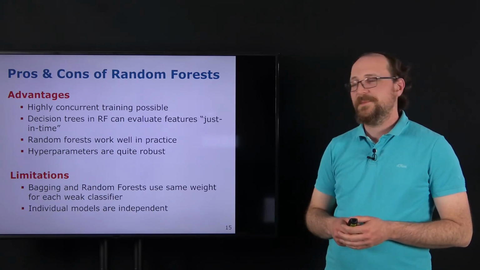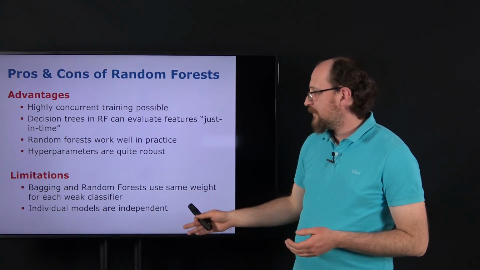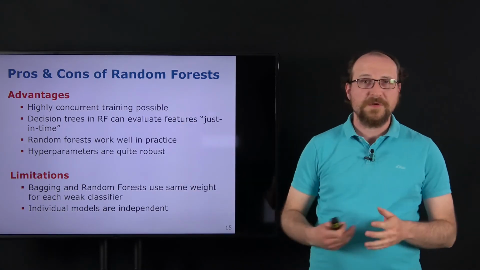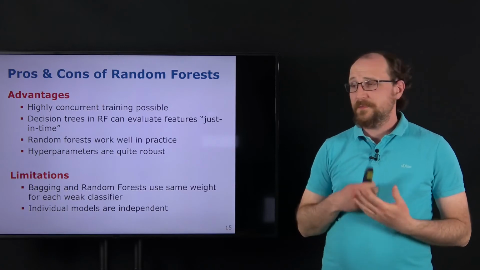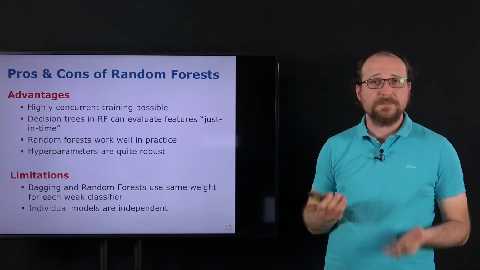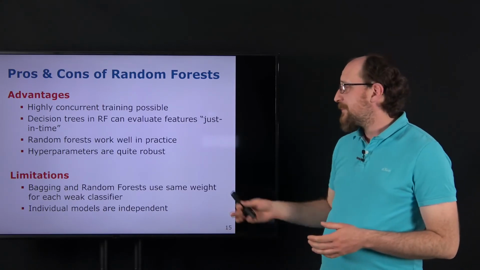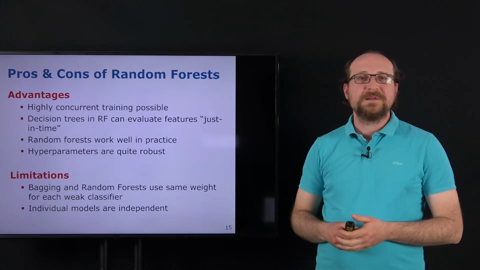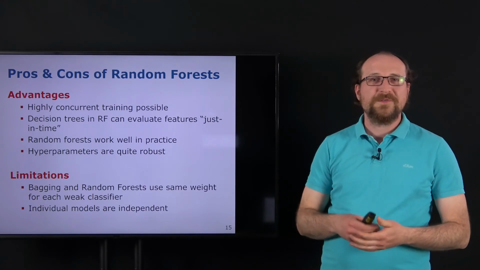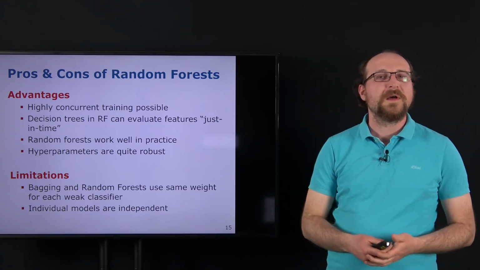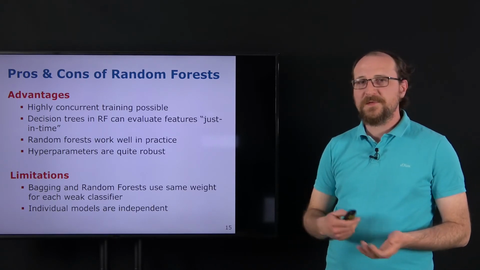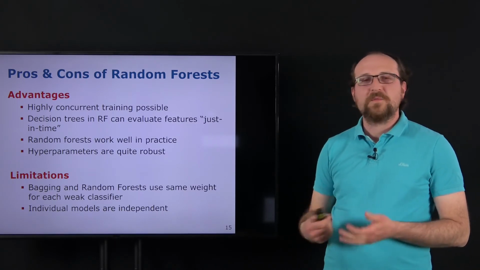The individual models are very independent, which is an advantage. You can train them concurrently, so you can use as many cores as you want because you don't depend on the other models. But it might also be a limitation because you cannot use the wrong or correct predictions from before to correct them in the end. And this is something that we might want to do.